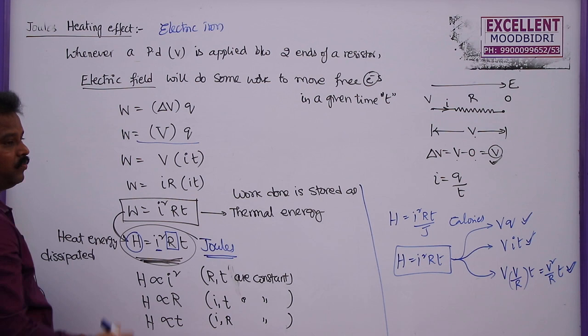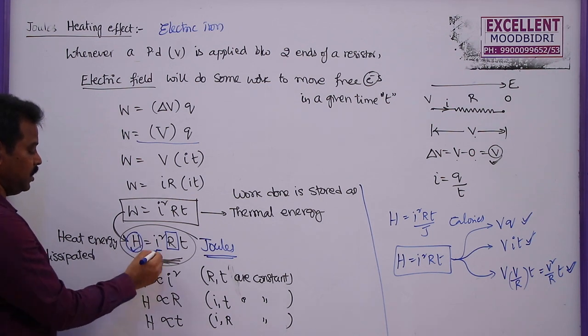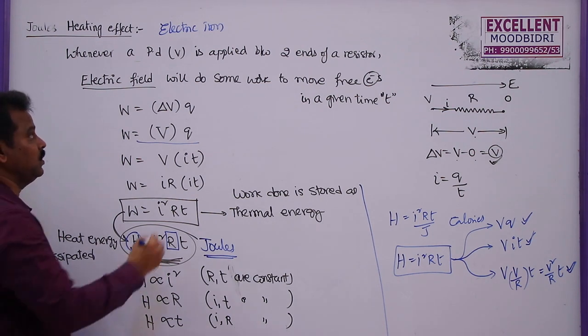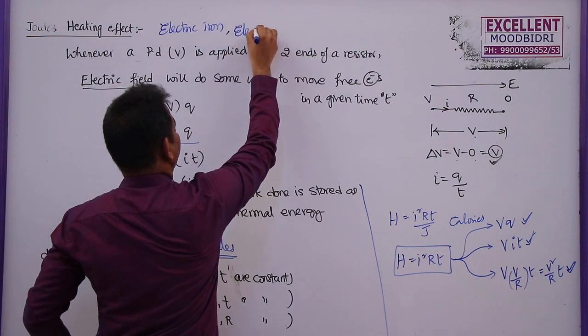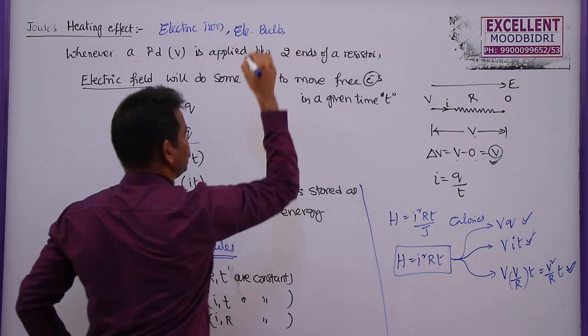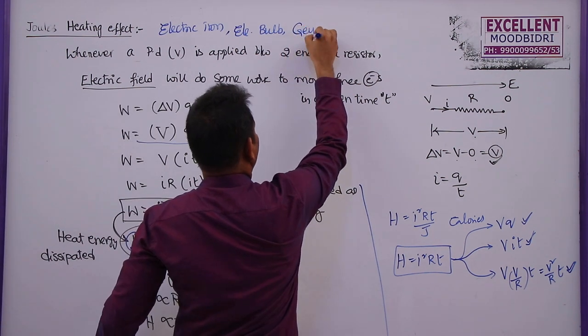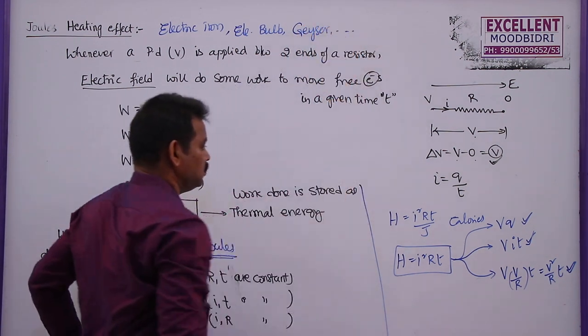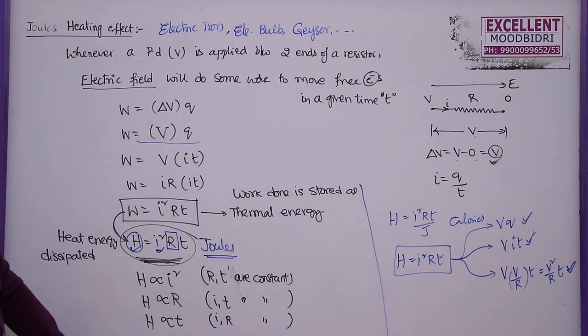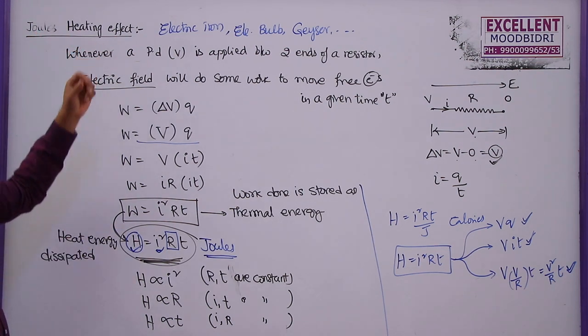So electric iron works on this principle. It produces heat whenever some current is passing through it. Similarly, the electric bulb which is giving some heat energy, and the electric geyser are also working on this same principle. So these are some of the devices that work on the principle of Joule's heating effect.